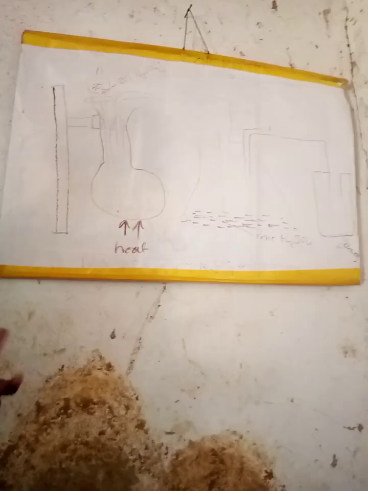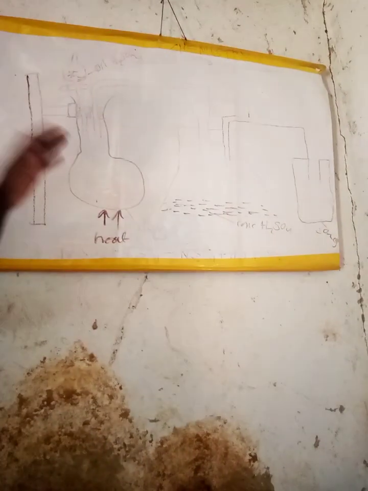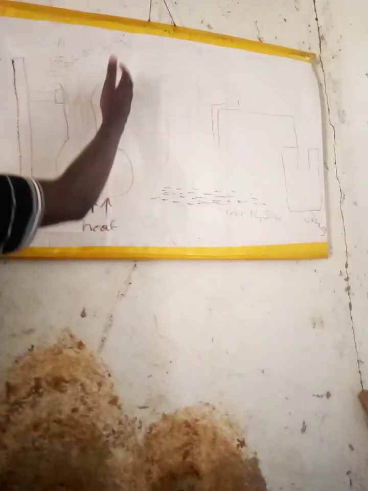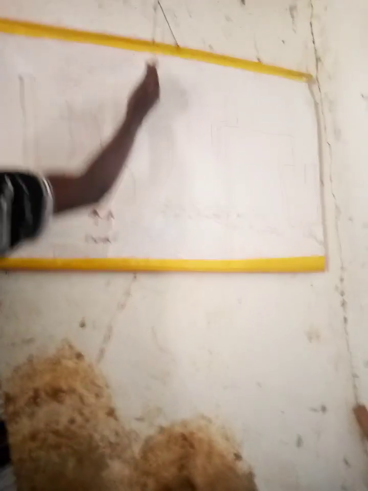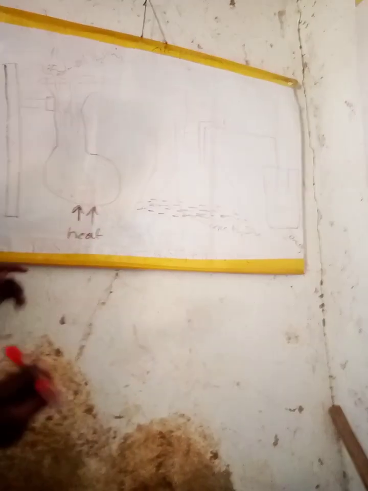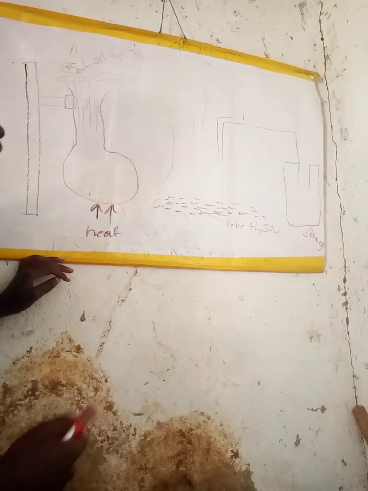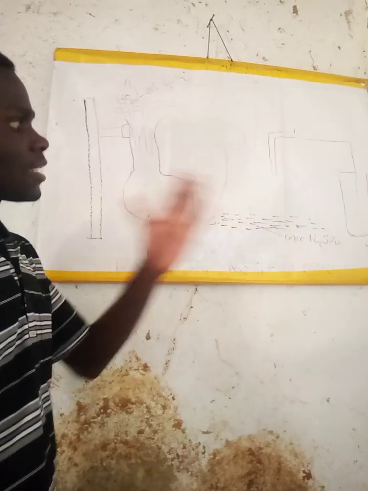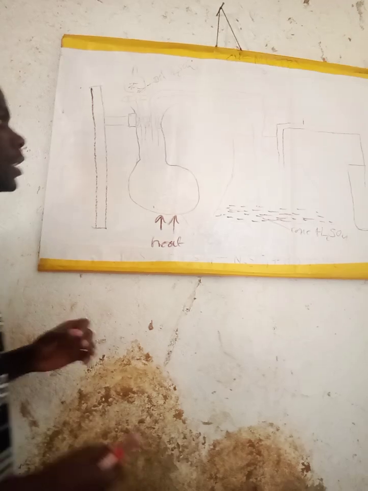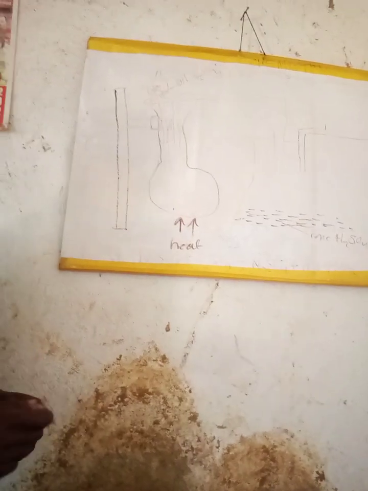Let me look at a sample question that you may be asked in an exam. They can draw this setup for you, starting from here to this side. Then they tell you to complete the diagram to show how dry sulfur oxide gas is obtained. So what are you supposed to do?